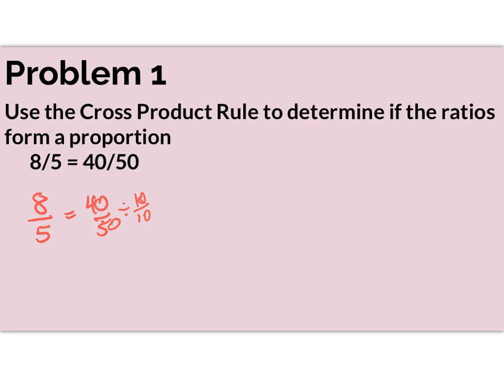And you have, is 8/5 equal to 4/5? And as you can see, these ratios are not equal, so this is not proportional. A big fat no. So sometimes you can do tricks with proportions and you don't have to cross multiply and all that kind of stuff.